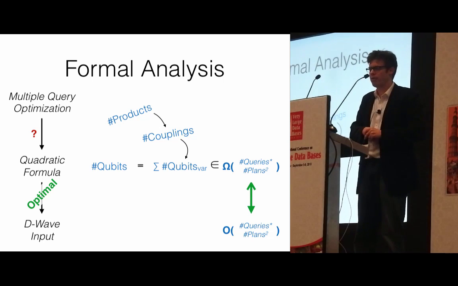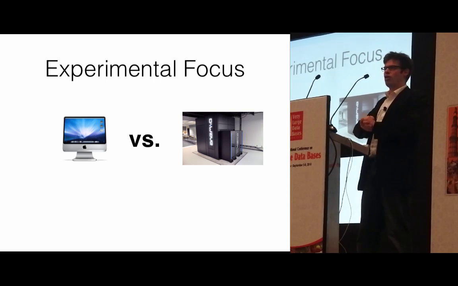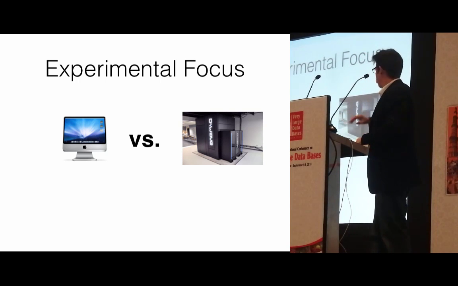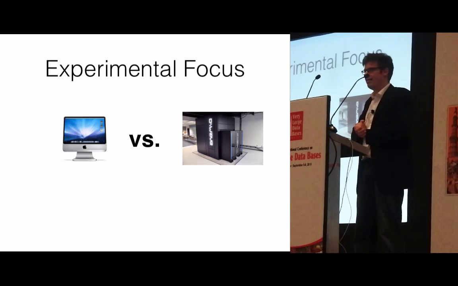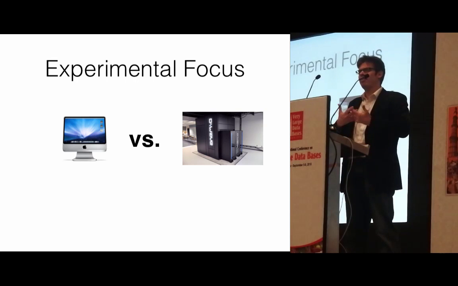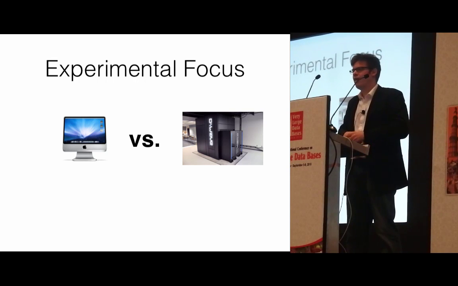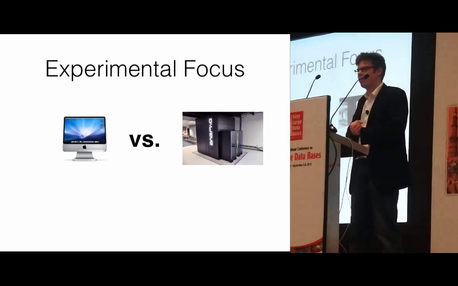Now, the focus of our experiments is first of all a proof of concept, and then a comparison between a classical computer and the quantum annealer. And that is actually a very tight race, because the quantum computer suffers from transformation overhead, while the classical computer can work directly on the original problem instances.